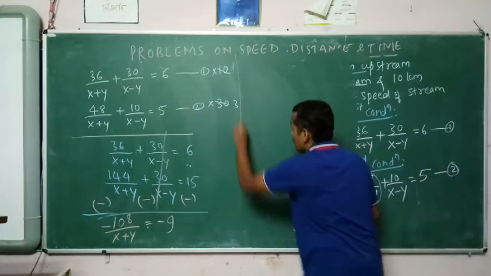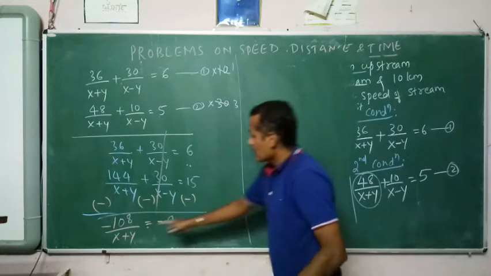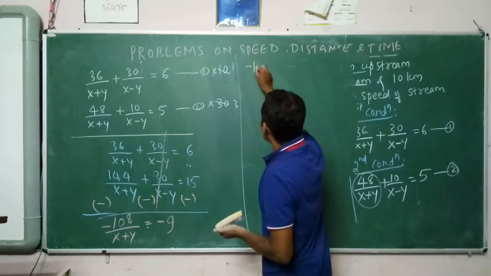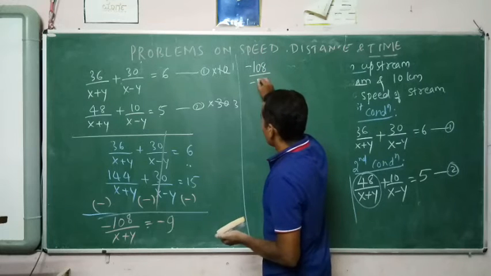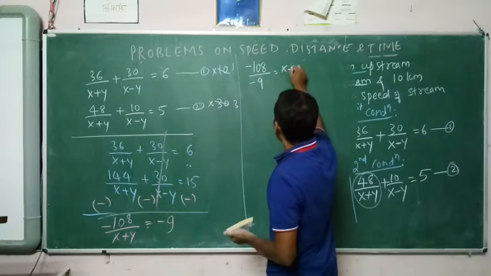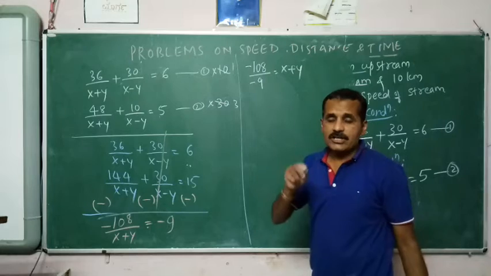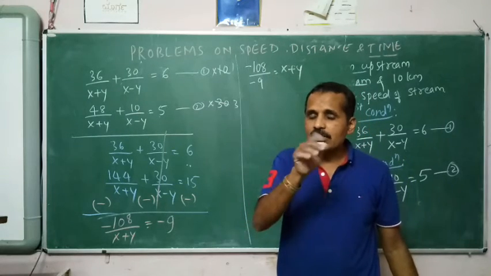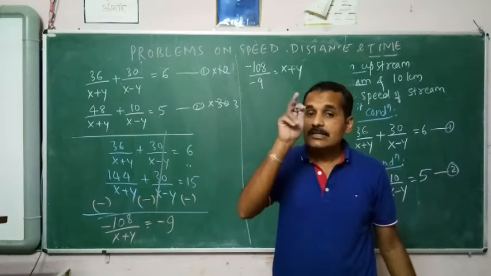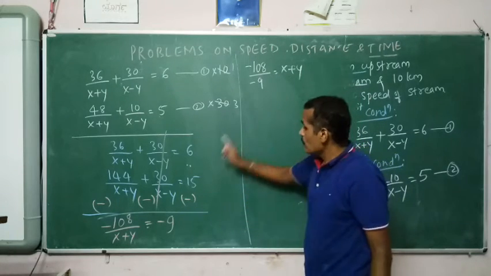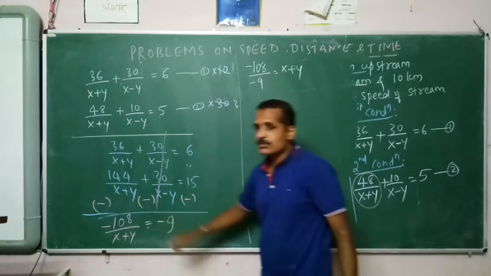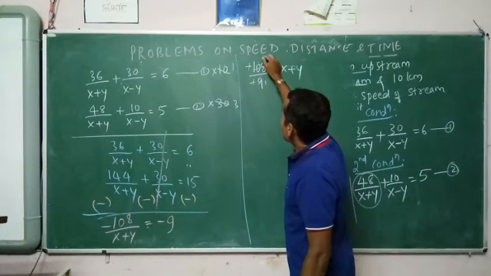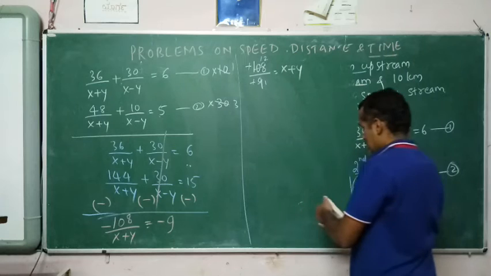Cross multiply. Minus 108 divided by minus 9 is equal to x plus y. My dear children, I am repeatedly telling you, during cross multiplication, sign never changes. So, minus 9 as it is goes to the denominator.